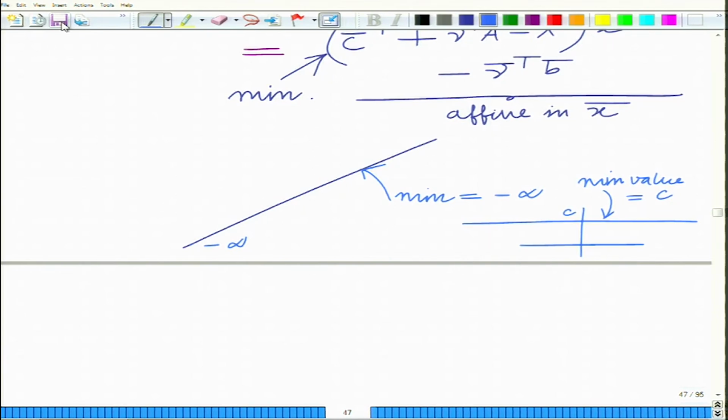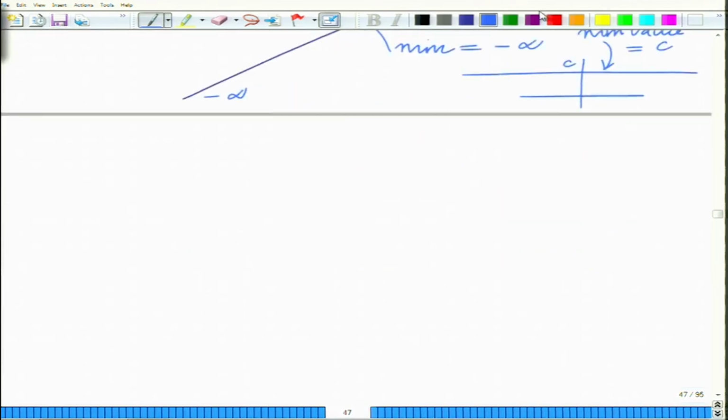If that vector multiplying x bar is equal to 0, then the minimum value is the constant, which in this case is minus nu bar transpose B bar. So, with that observation, we have the minimum of the Lagrangian.